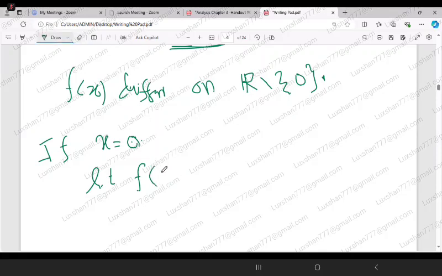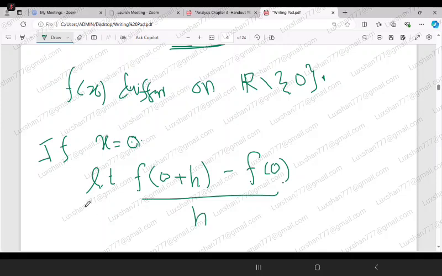That is actually f of 0 plus h minus f of 0 over h as h tends to 0, which is equal to the limit as h tends to 0, where h is to the power 1.